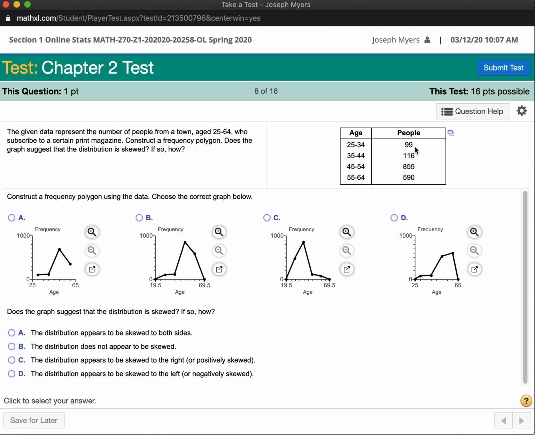All right, so the first one should be at 99, and then the highest one, 855. There should be 4 points, 1, 2, 3, 4.